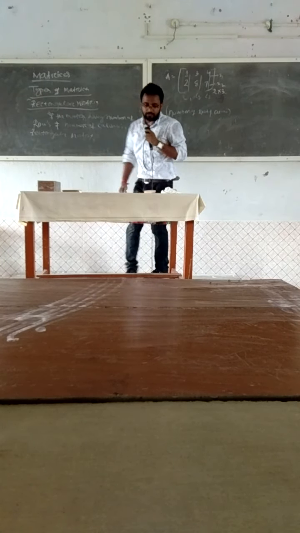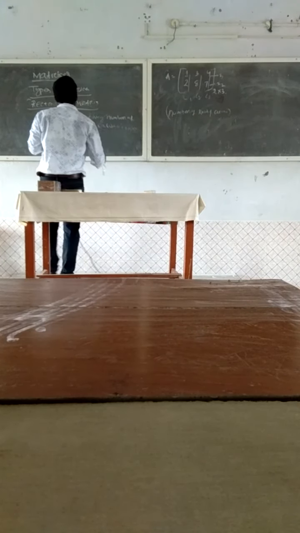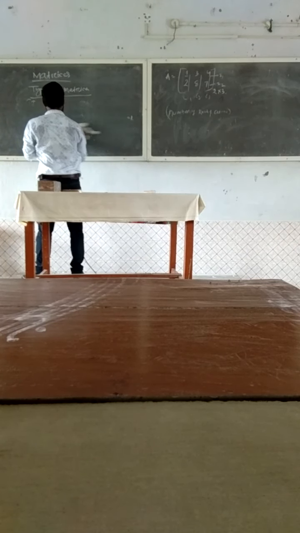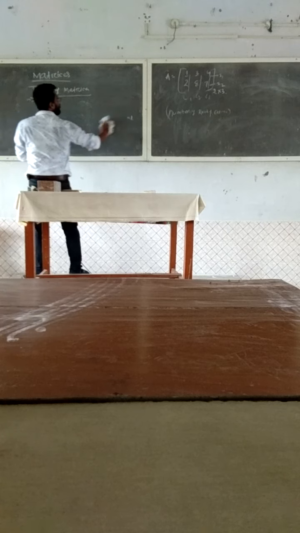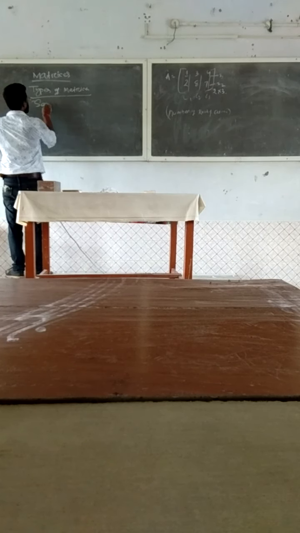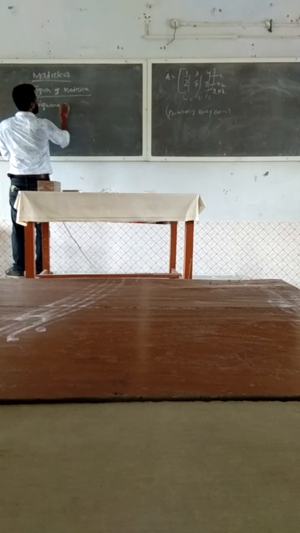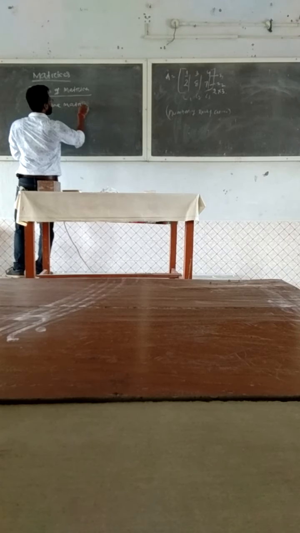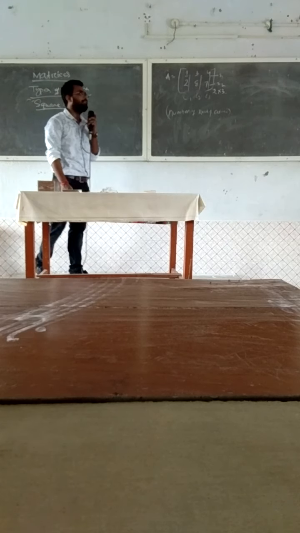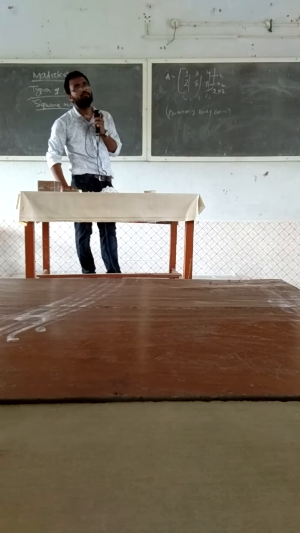Similarly, we can study the square matrix. A square matrix is like the rectangular matrix. Here square means length and breadth are the same.